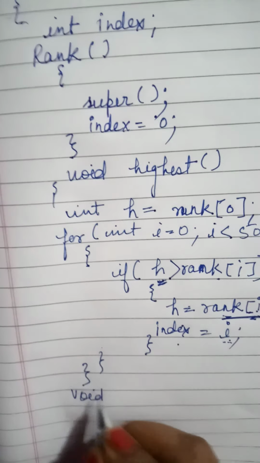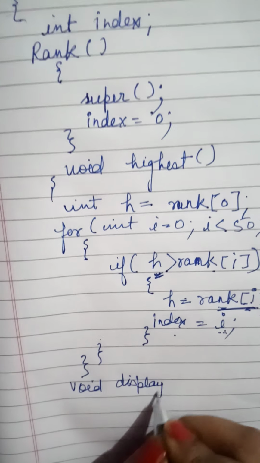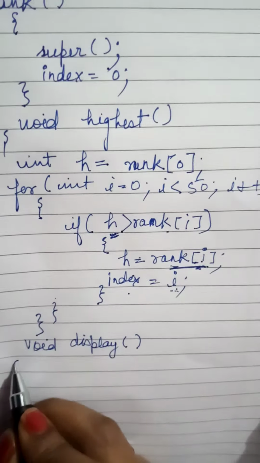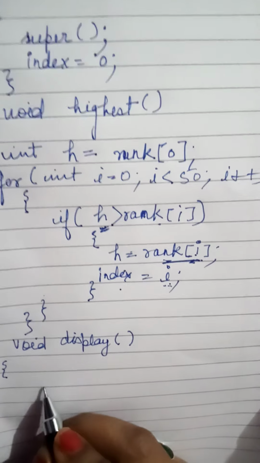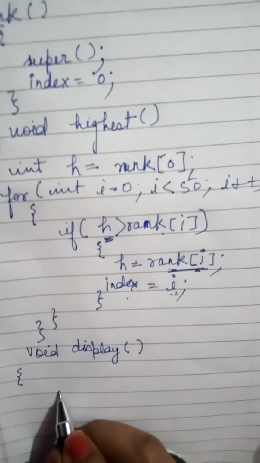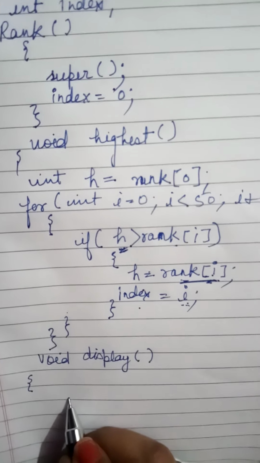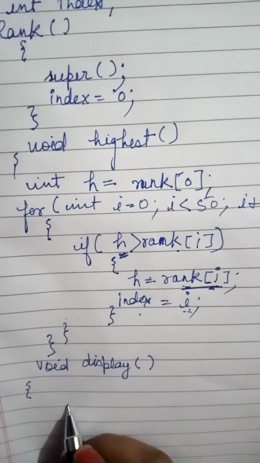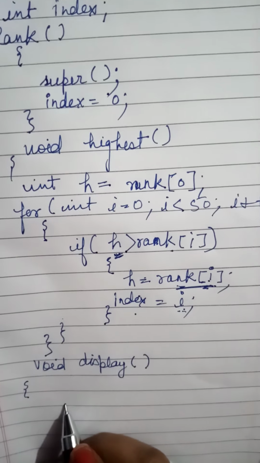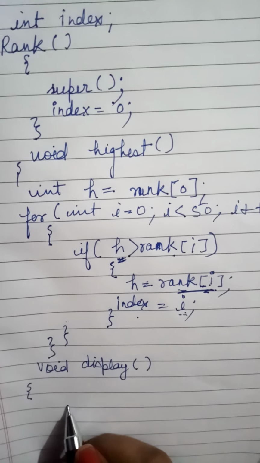Now the second function is void display. What we have to do in this, we have to display all the names and ranks, that is in the display function of the superclass. So we need to call the display function of the superclass first, and both the classes have the same function with the same name, display.